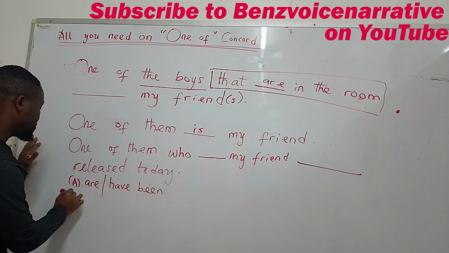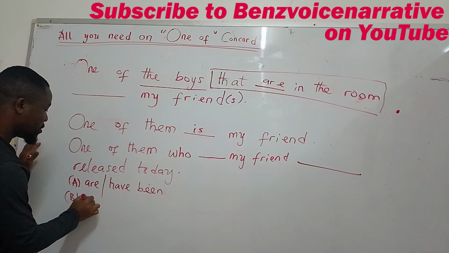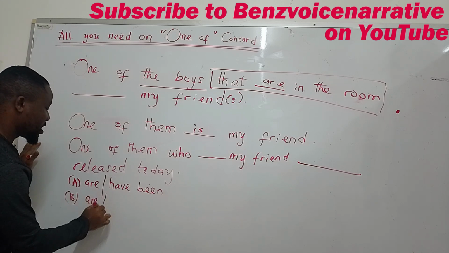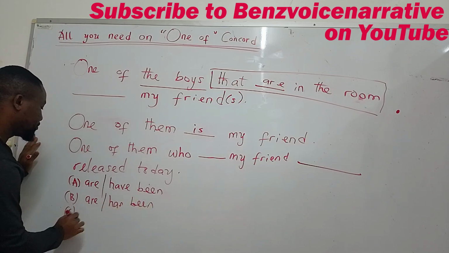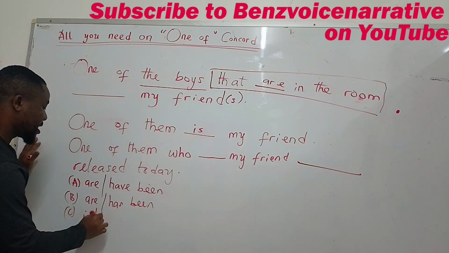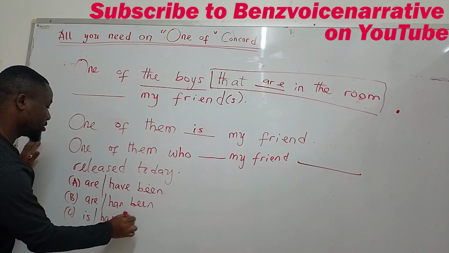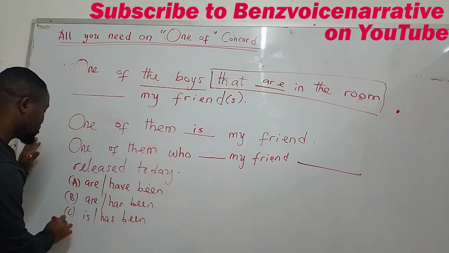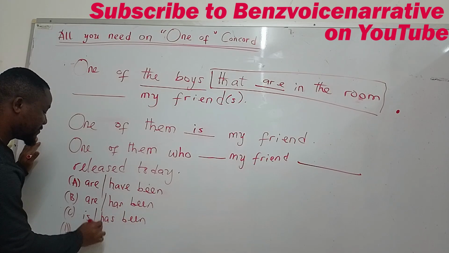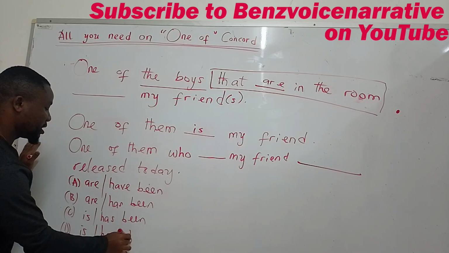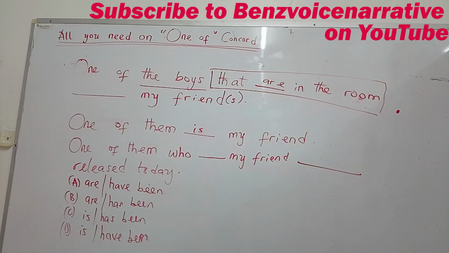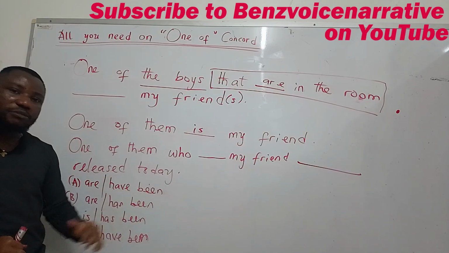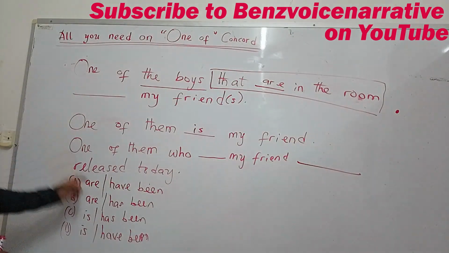We have be, we have are, then we have has been, then we have C, is, has been, D, we have is, then we have been. Let me check if I'm still within frame. Okay, I'm still within frame. It's about the last line before I'm out of frame. So let's go to this structure.